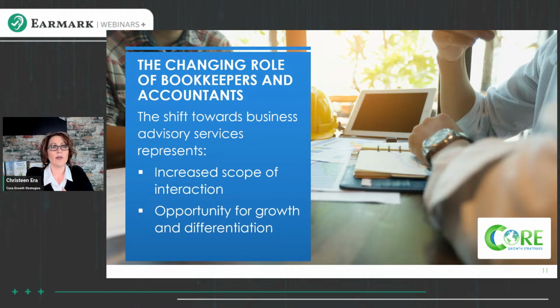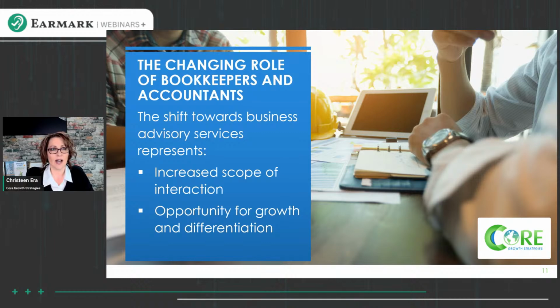Traditionally, bookkeepers and accountants have been seen as financial gatekeepers for the business, and their primary responsibilities include maintaining accurate financial records, preparing financial statements, ensuring compliance with tax regulations, as well as managing payroll and accounts payable and receivable.